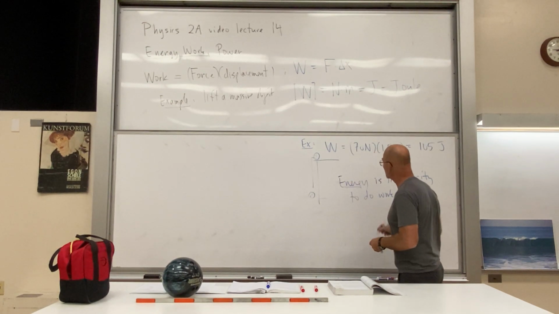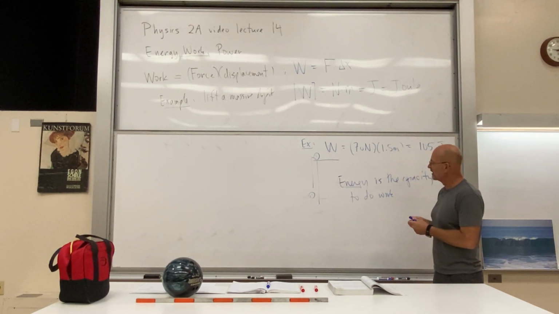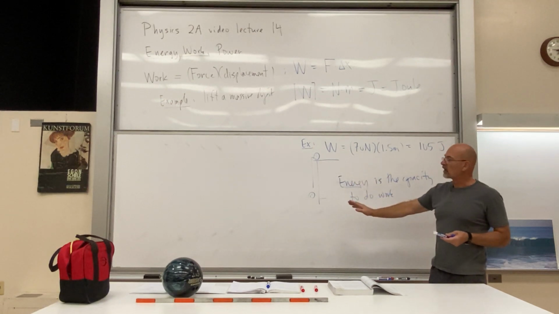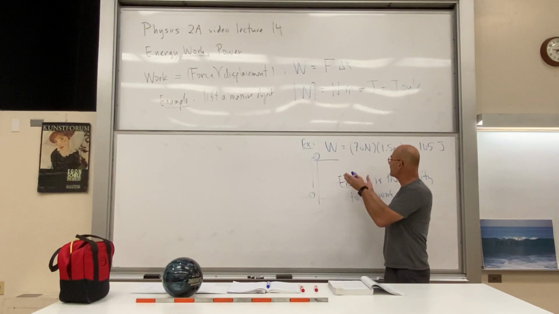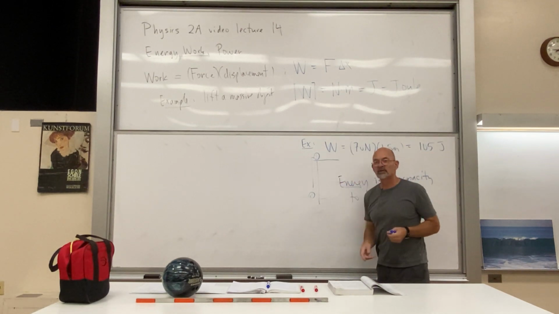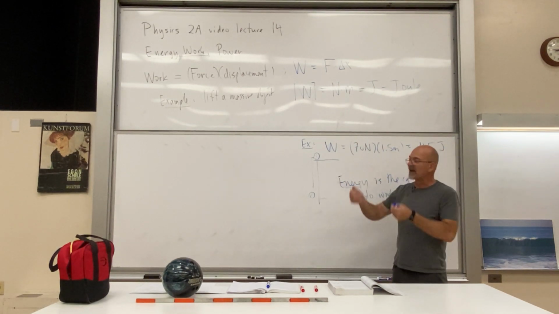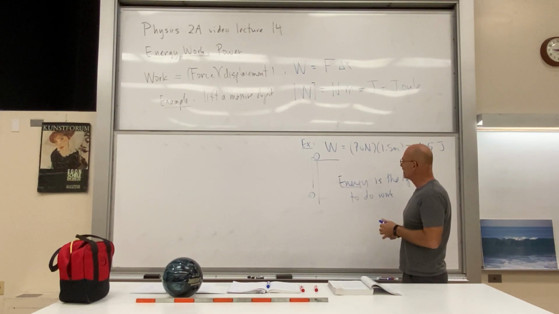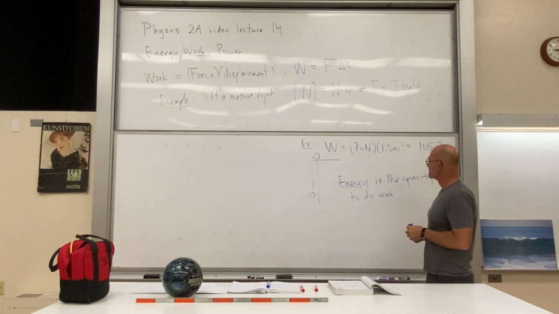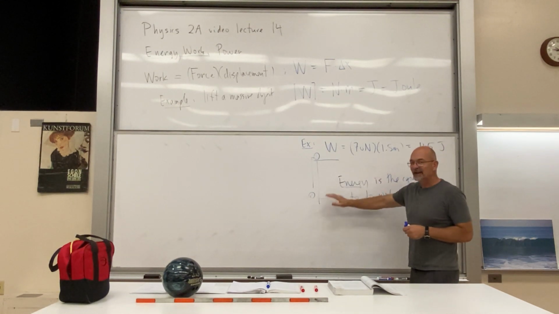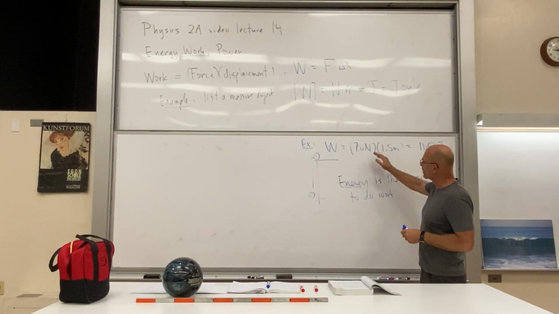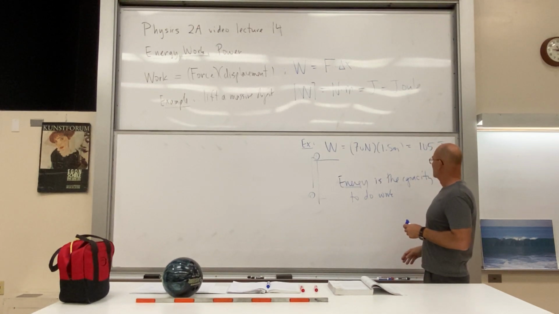So that's the definition of energy. So the units of energy are also joules. And apparently I had the capacity to do 105 joules of work when I lifted the bowling ball up that high. Good. Now we'll be talking about energy more, but I just wanted to immediately point out that energy and work are so closely related. Energy's capacity to do work has the same units.